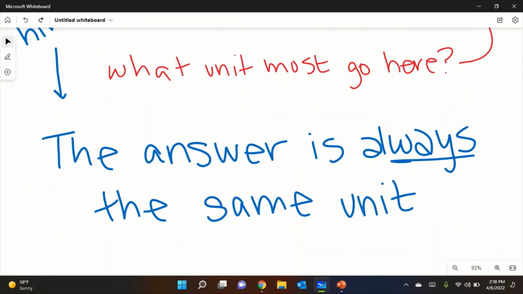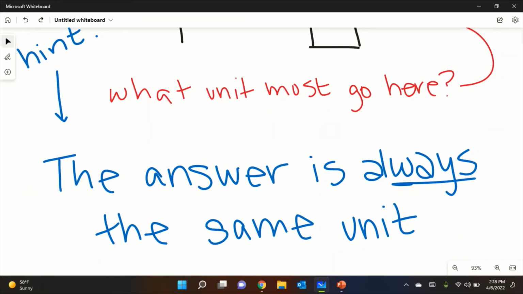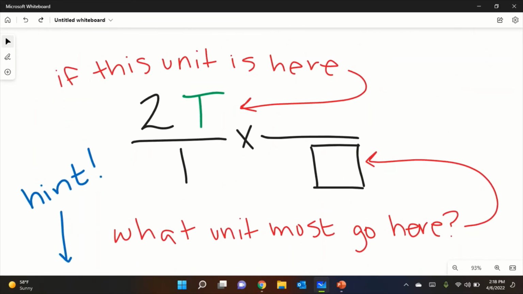I'll give you guys a hint. The answer is always the same unit. So if this unit, tablespoons, is here, what unit must go here? The answer is tablespoons. That way, remember we canceled those units earlier? That way we can cancel those units.